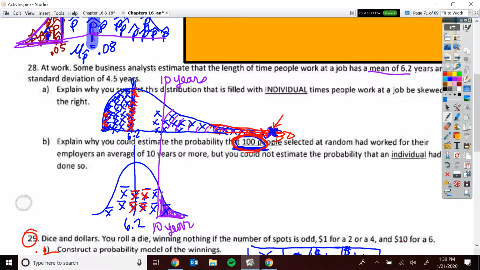But wait, the question on this part B is, why would you be allowed to estimate finding an x bar average above 10 years here, but not on the one here? Not here, but I can do it here. Why? Okay, and so then there you go.